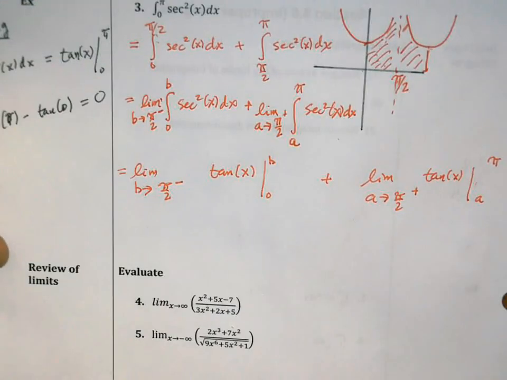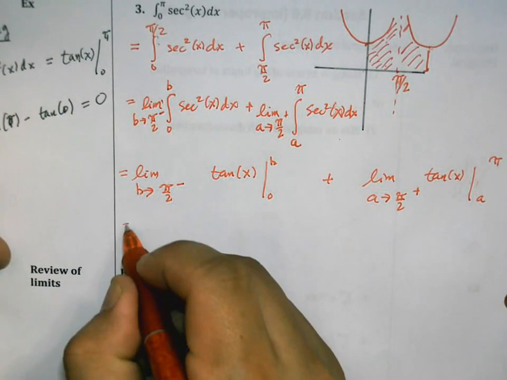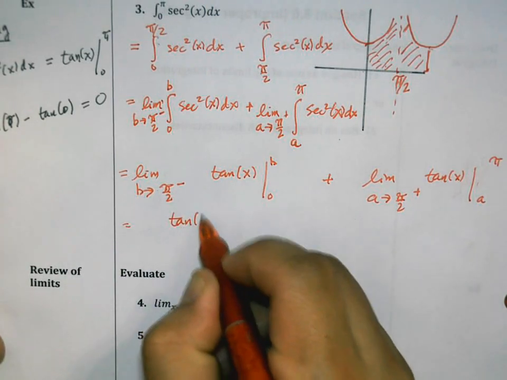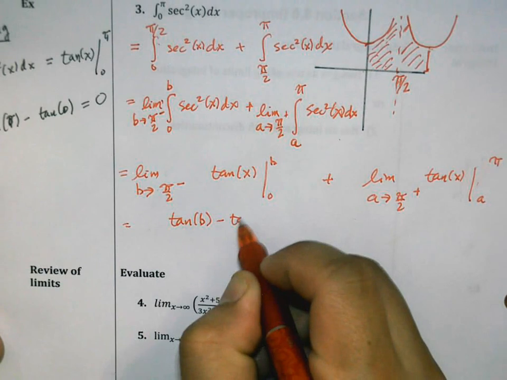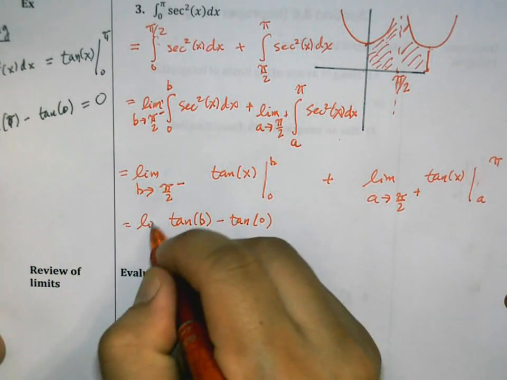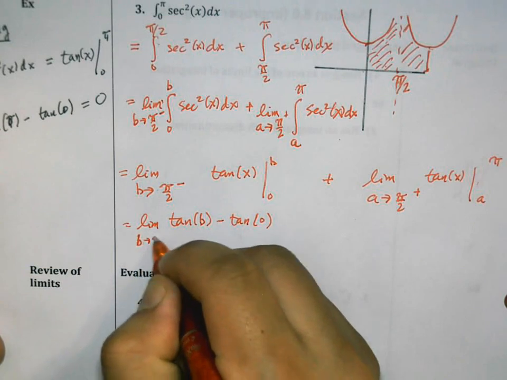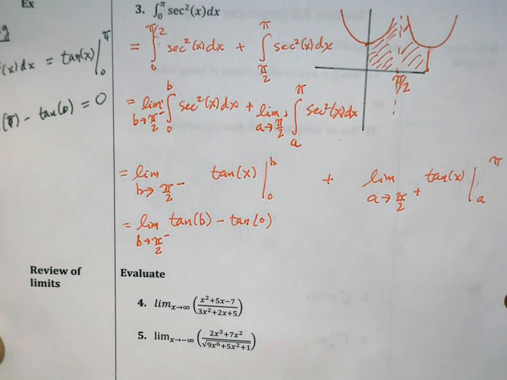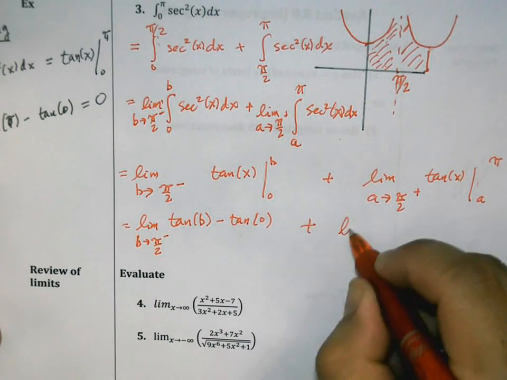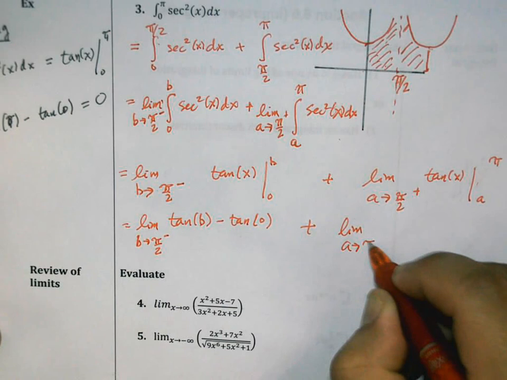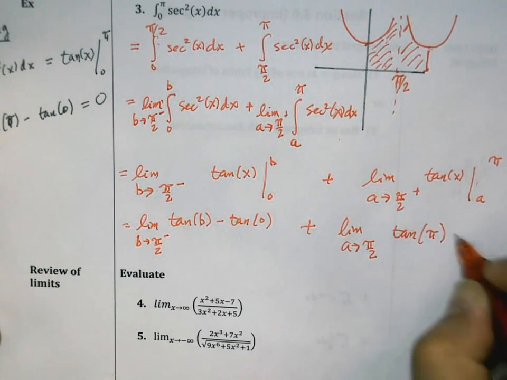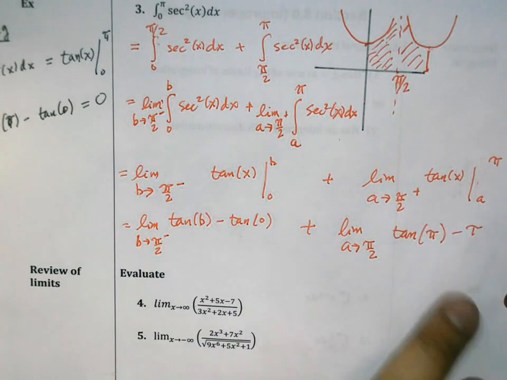Okay. So now let's evaluate this. This is tangent of b minus tangent of 0, taking the limit as b approaches pi over 2 from the left, and then this is plus the limit as a approaches pi over 2 from the right of the tangent of pi minus the tangent of a.